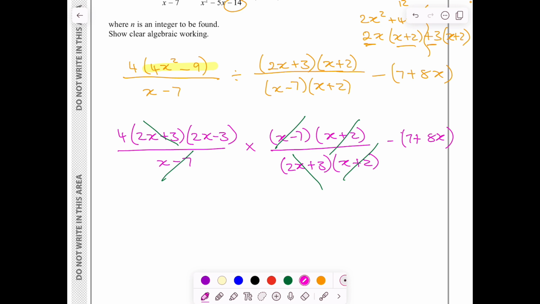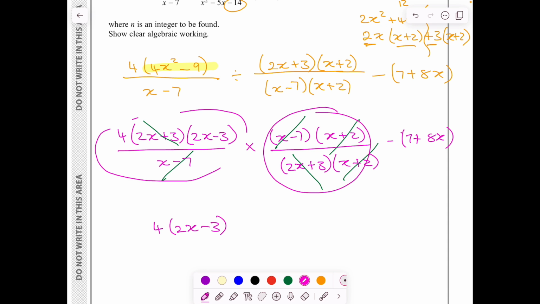So what you're left with here is 4 times 2x minus 3. And that's it, because this whole fraction here has been cancelled out. Take away 7 plus 8x.